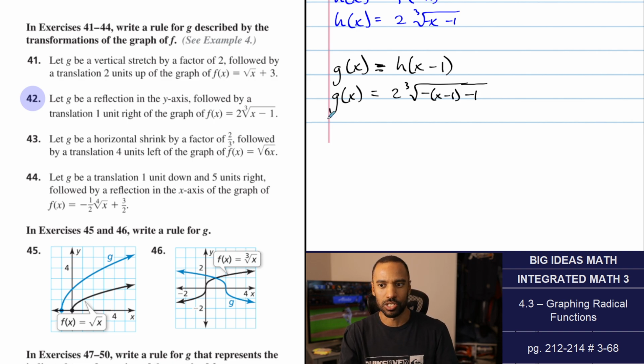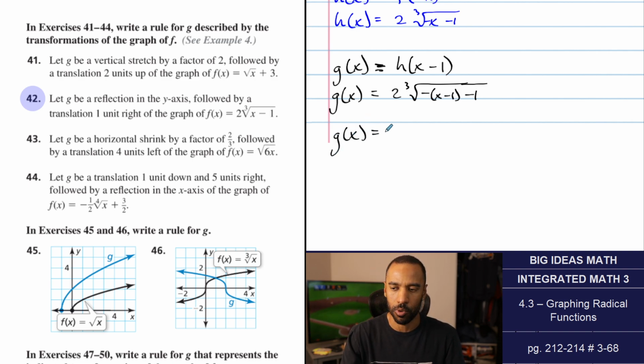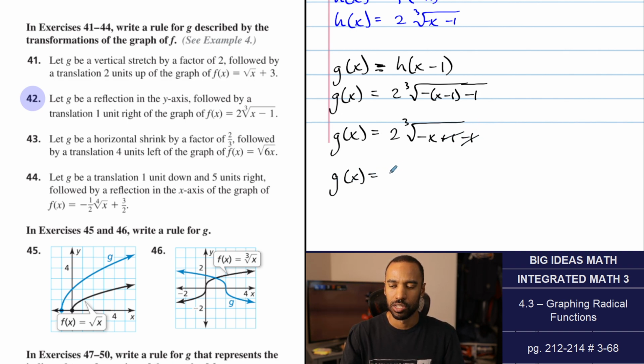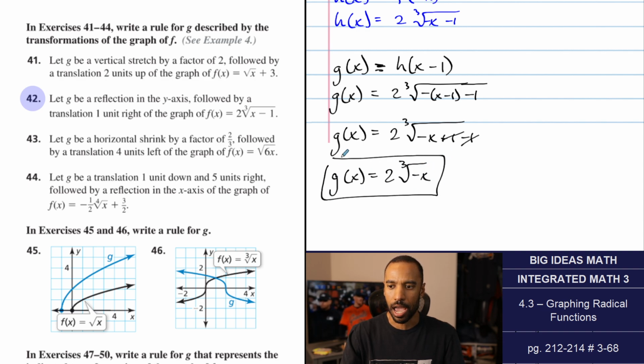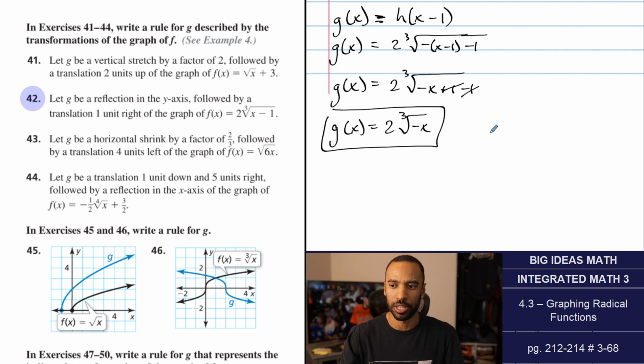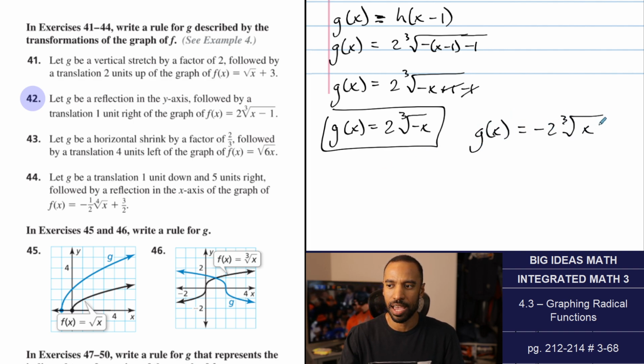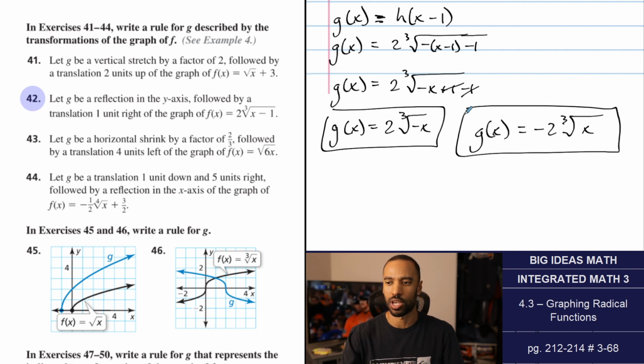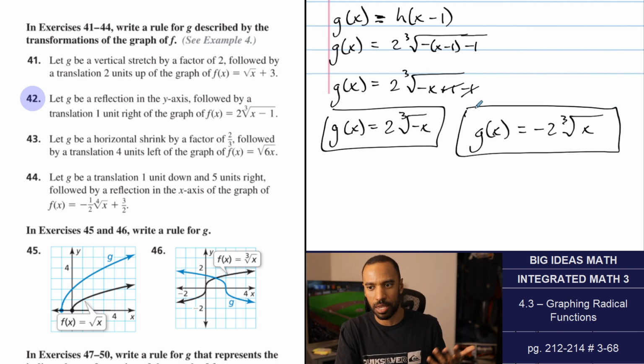This is an answer. It's nobody's favorite answer here, so I'm going to work on distribution. This is 2 times the cube root of, distribute the negative x plus 1, and there's minus 1. 1 minus 1 is 0. Those go away, and this is 2 times the cube root of negative x. That's an answer. I'd prefer taking the cube root of negative 1, pulling it to the outside, and writing it like this, negative 2 times the cube root of x. You have to keep in mind that horizontal changes are the same as vertical ones.